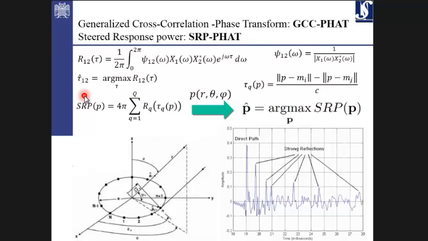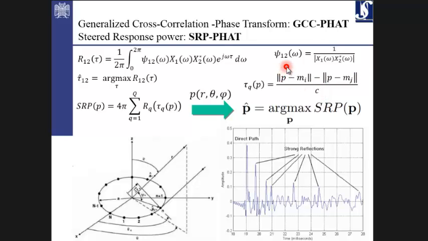So we know that if the source is located at the point P, the time difference of arrival is the difference in the distance which the source's sound propagates, divided by the speed of sound.